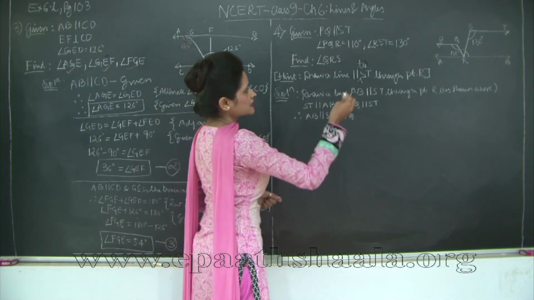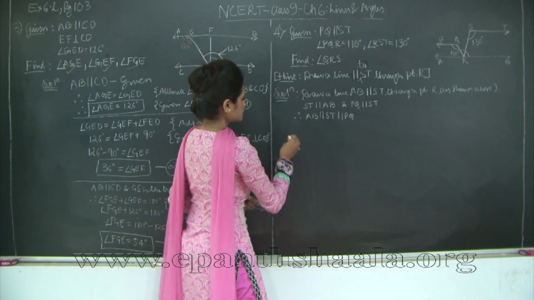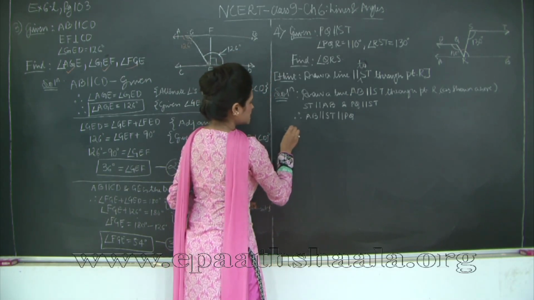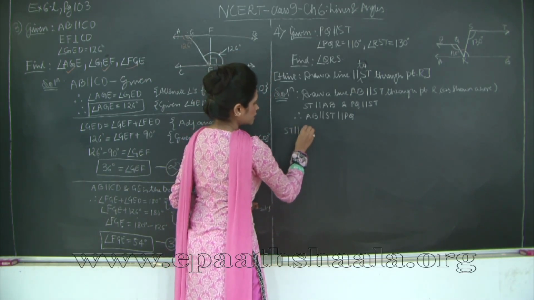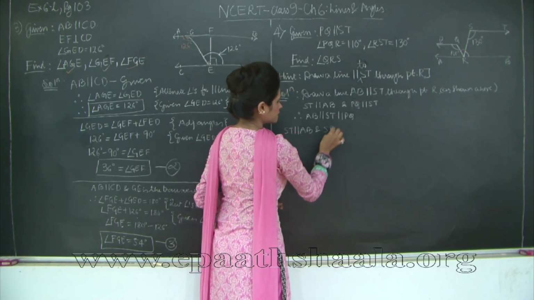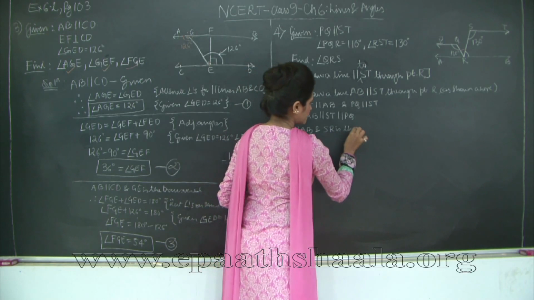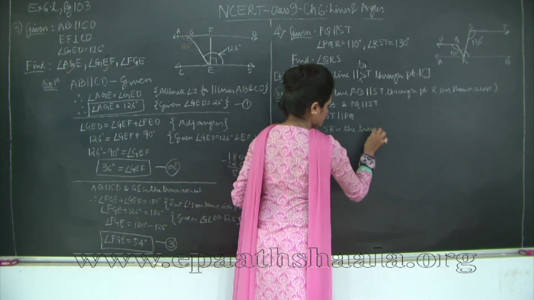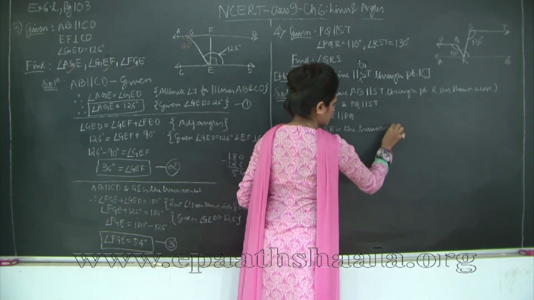Now for lines ST and AB. ST is parallel to AB and SR is the transversal. Correct?